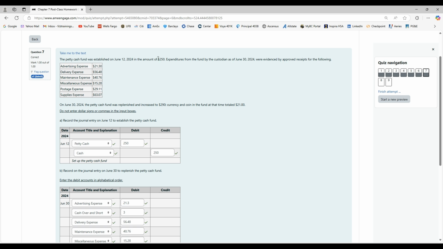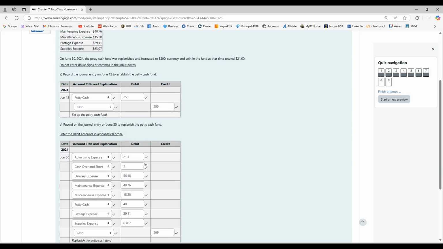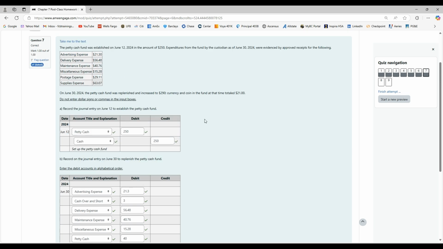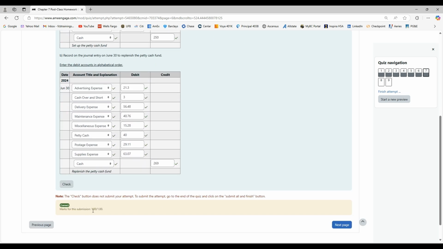Then you need to look at what the beginning balance was and the ending balance. And if the total that you can see as receipts doesn't get you from beginning to ending, then there's some unreconciled amount that we don't know what happened. Somebody made a mistake or something. And so that's where you use this cash over and short account to plug that difference to make it work. So a little tricky, but we got there.